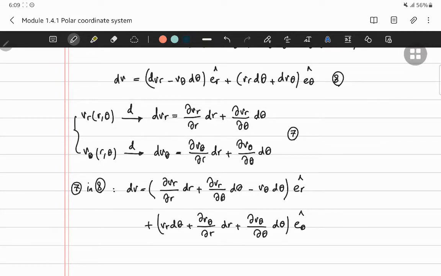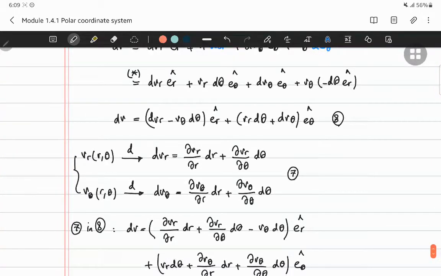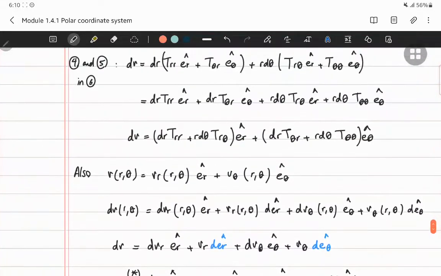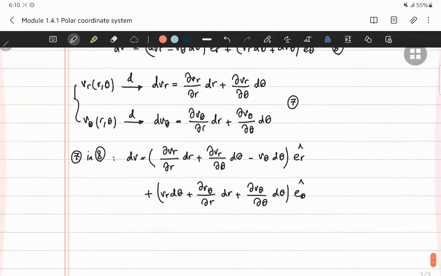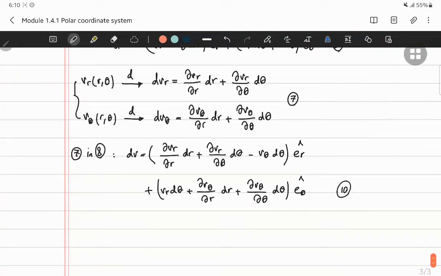Now I have this based on e_r and e_theta, and v_r, and I have here d theta and dr. Perfect. So I can make a comparison between, let's say, 8, this is 9, this is 10.